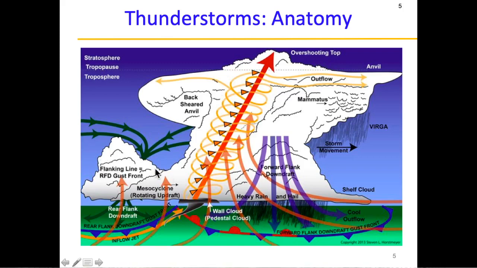One other important thing is this flanking line. This flanking line is nothing but the line at which the wind starts coming inwards, or the updraft starts happening. And this is the widespread region where we will have these strong winds coming in and trying to sweep the parcel upwards.